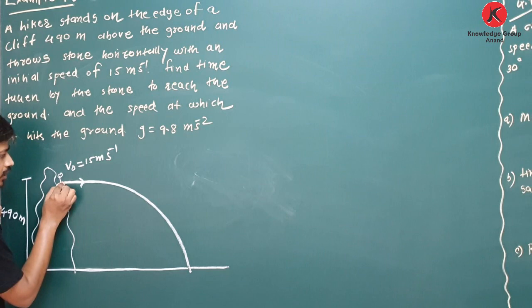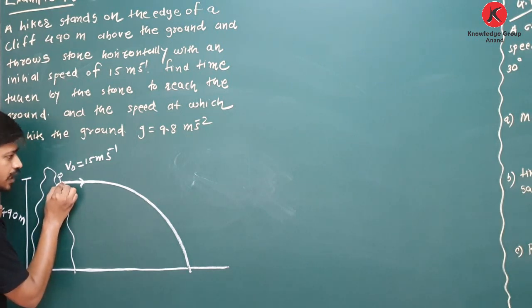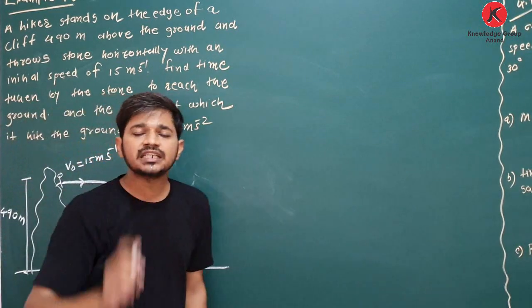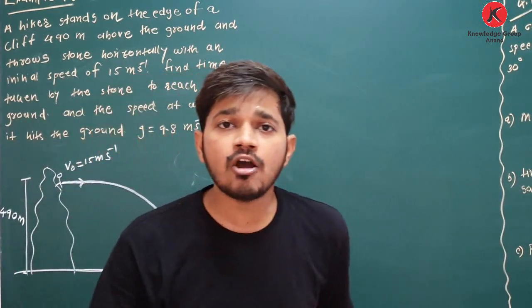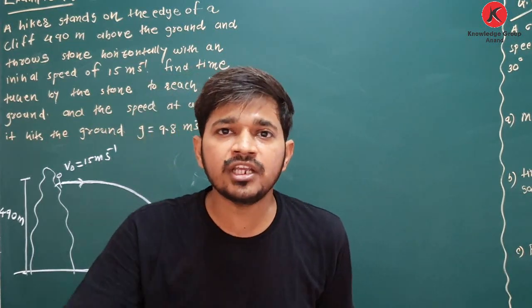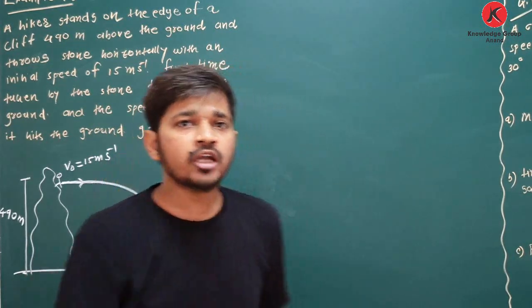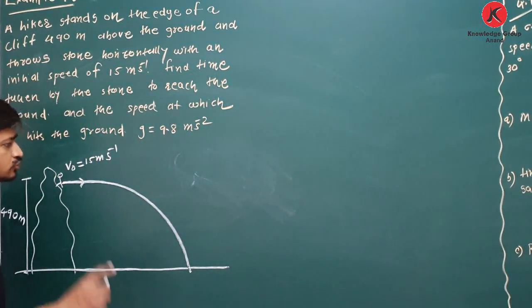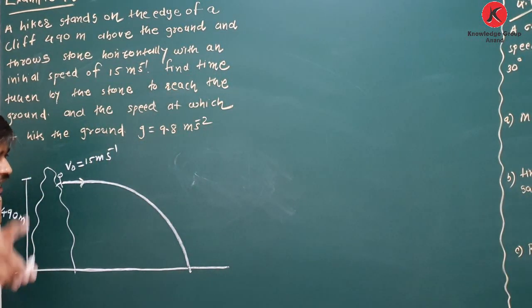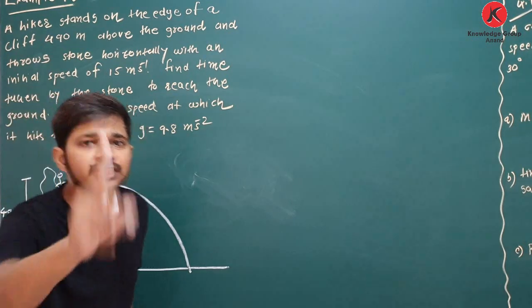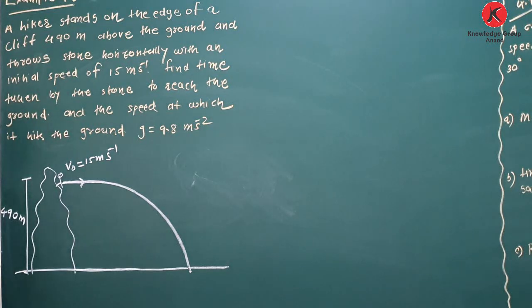Here, the stone is thrown in the horizontal direction, in this direction. What is theta 0? Theta 0 is the angle of projection, the angle made with the positive x-axis, or the angle made with the horizontal. If you throw any object in the horizontal direction, then its angle of projection is 0.